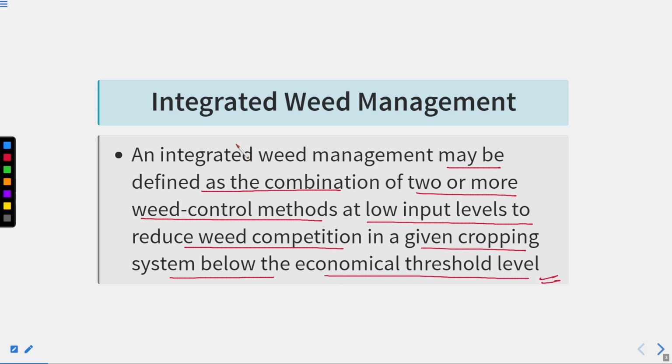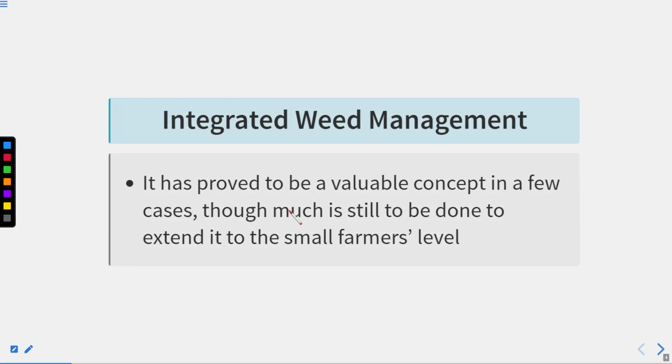So this is the management system, a combination of two or more weed control methods that we can follow at the same time, and this is called integrated weed management.